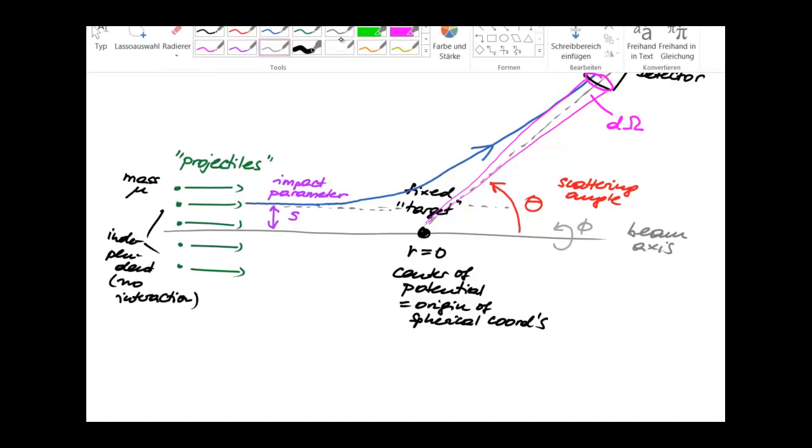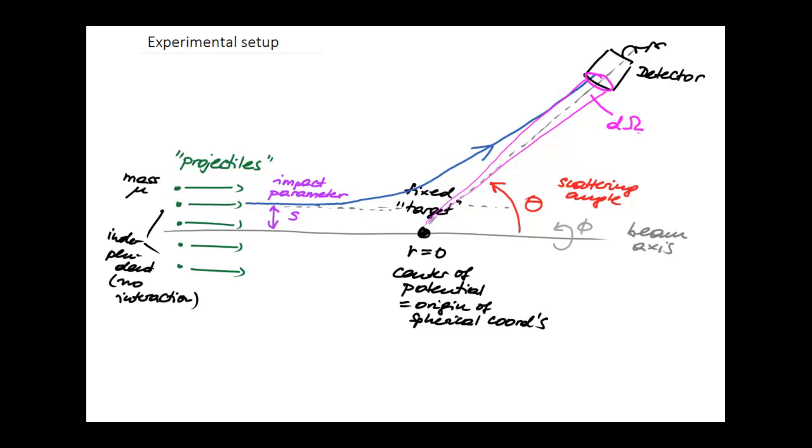Then this spatial angle d omega can be written as d phi d theta sine theta. That appears in the volume element in spherical coordinates. This is just an infinitesimal spatial angle.